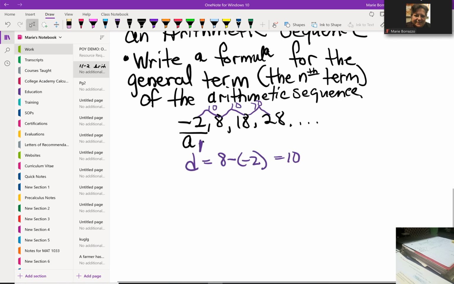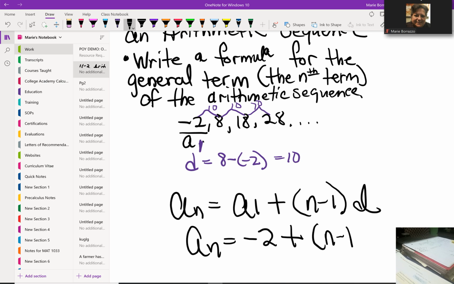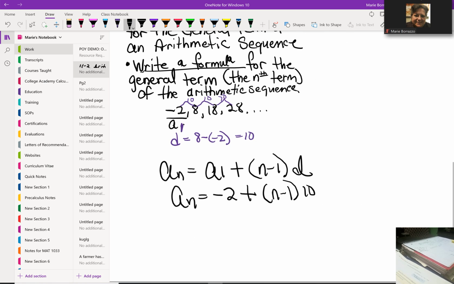Using this information, I'm going to go back to my basics and say, a sub n is equal to a sub 1 plus n minus 1 times that common difference. So a sub n is equal to that negative 2 plus, I don't know the nth value they're asking, but I do know that this is times 10. Notice in this one, we're actually just going to write a formula. If I'm writing a formula, I have to be missing at least a variable.